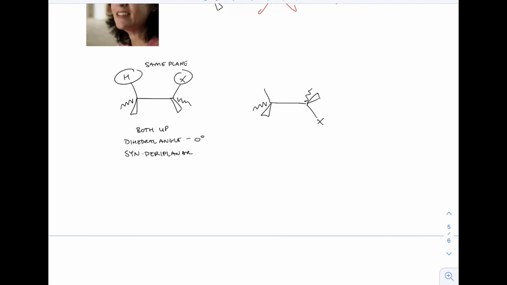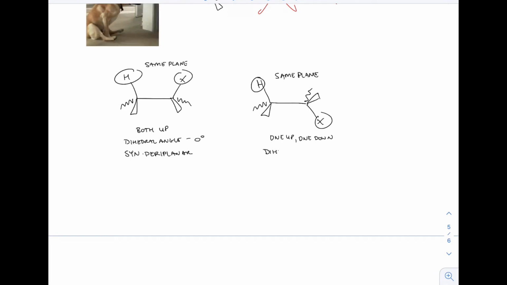Okay, so again, those orbitals are still parallel to one another, but they're pointed in the same direction. We also have another scenario where it could be completely opposite of one another, still in the same plane though. So they're in the same plane, they are parallel with one another. That's where periplanar comes from. But one is up and one is down, and so this is going to give us a dihedral angle of 180 degrees. And the name of this orientation is called anti-periplanar.